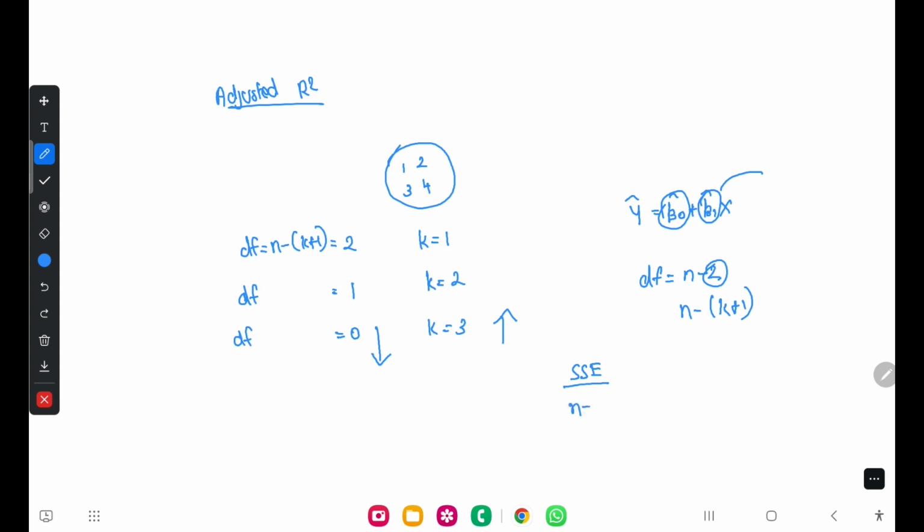So in multiple linear regression, I can say it's n minus k plus 1. So when the degrees of freedom is going down, our standard error of estimate SYX is going to go up. So results are not going to be independent anymore. It's going to be less precise and the model would perform poorly because of this.